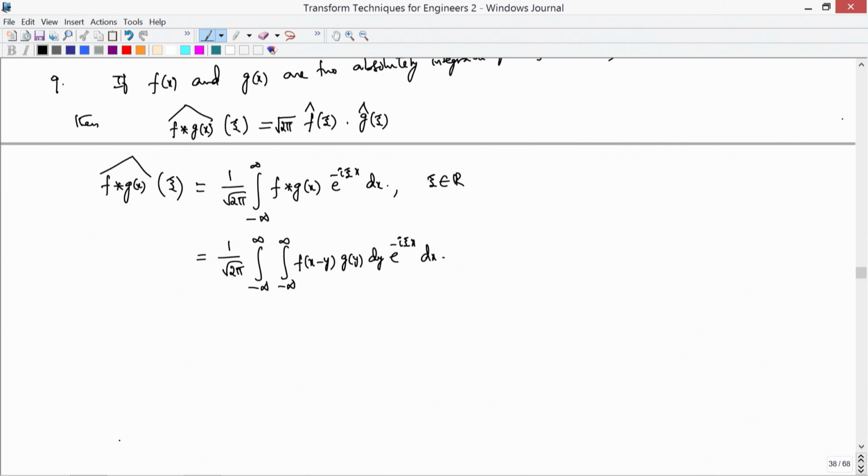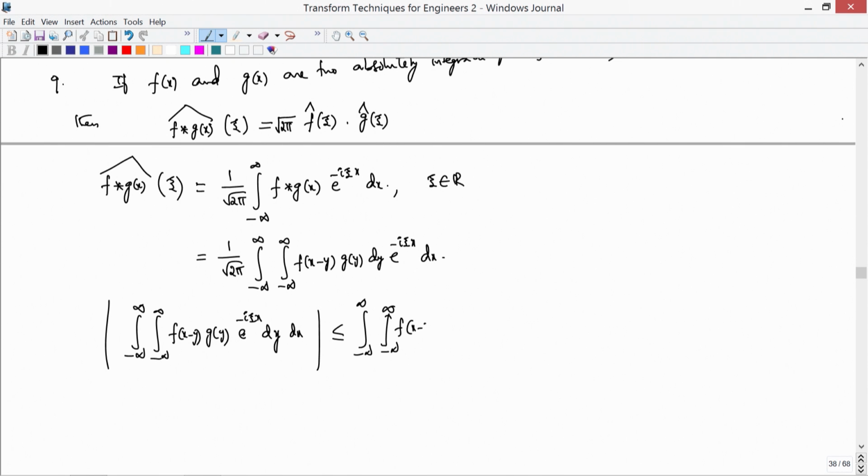Because f and g are two absolutely integrable functions, you can see that the integral of the whole thing, f of x minus y g of y e power minus i xi x dy dx, is less than or equal to the double integral of modulus of f of x minus y into modulus of g of y dy dx.